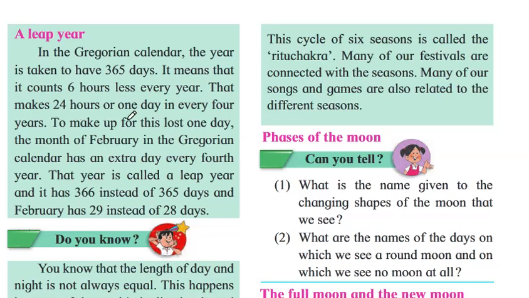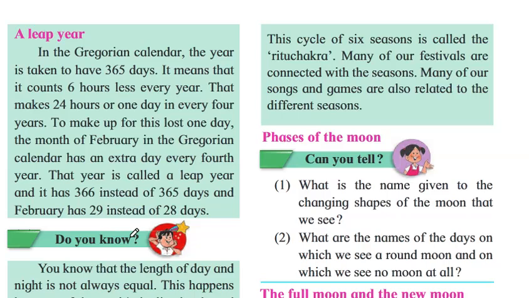To make up for this lost 1 day, the month of February in the Gregorian calendar has an extra day every fourth year. That year is called a leap year, and it has 366 instead of 365 days, and February has 29 instead of 28 days.